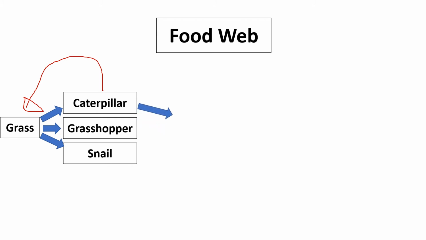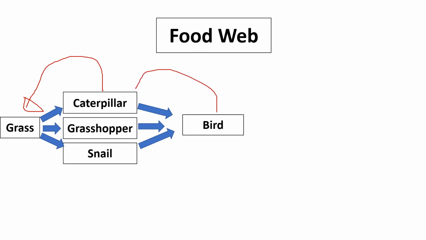And then think of an animal that can eat the caterpillar, grasshopper, and the snail. Do you have any idea? An animal that can eat caterpillar, grasshopper, and a snail? Oh, that's a bird. For example, a bird can eat caterpillar and grasshopper and also the snail.